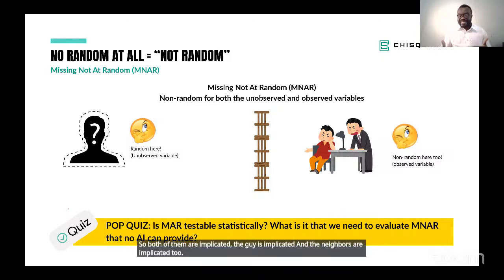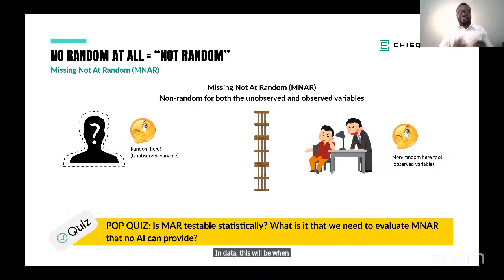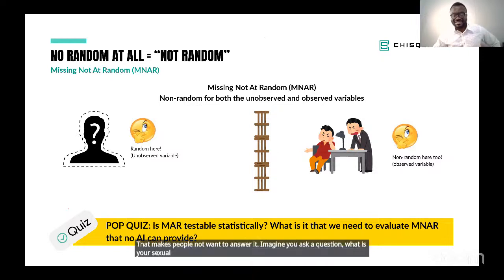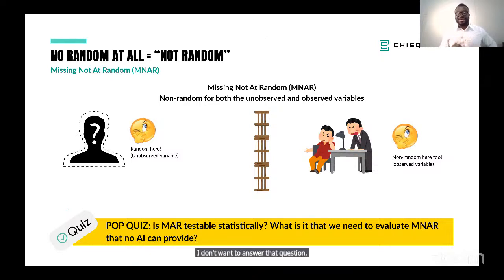In data, this is when there is something about the question that makes people not want to answer it, right? Imagine you ask, what is your sexual orientation? That question is very sensitive, and people think, I don't want to answer that. And coupled with that, there are differences among subgroups in how they respond.